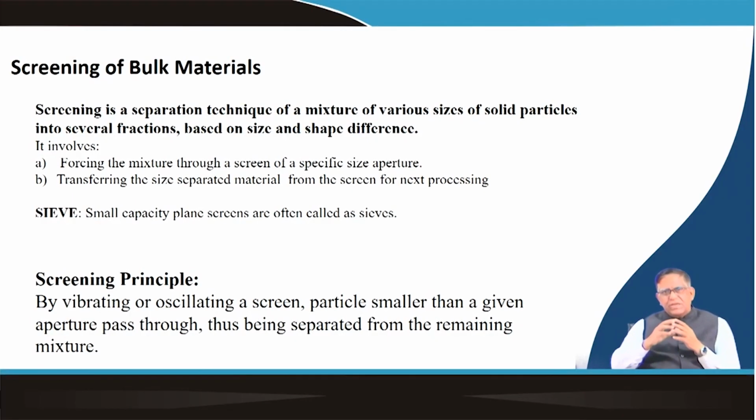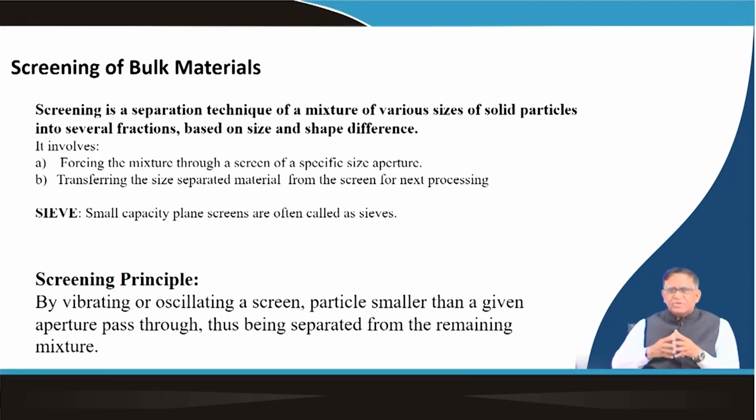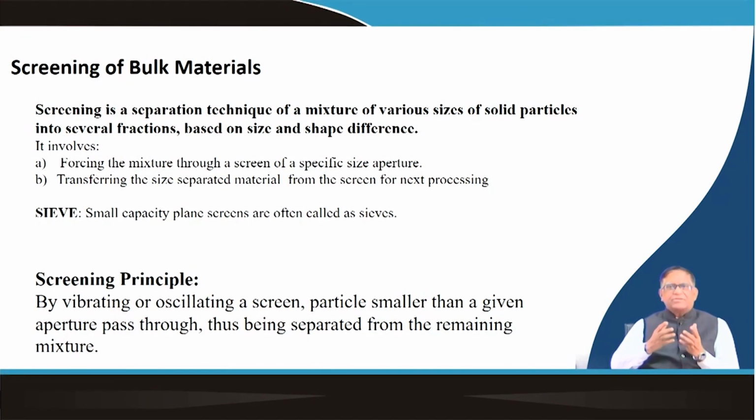By that means dynamic forces are induced, so that the particles move and get subjected to the gaps or screen holes, or screen aperture, the word used is aperture, so that they can pass through.